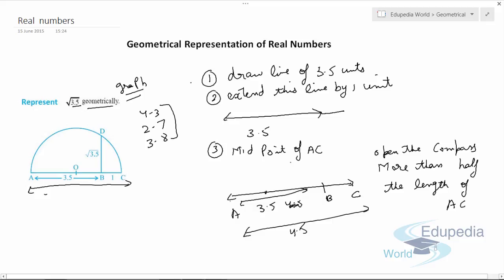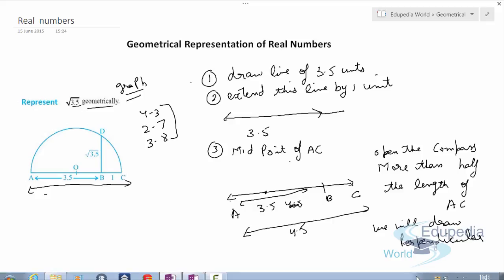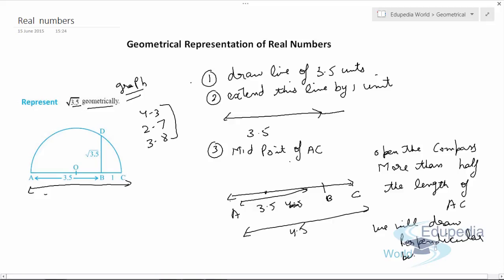Then we will draw the perpendicular bisector of the line.